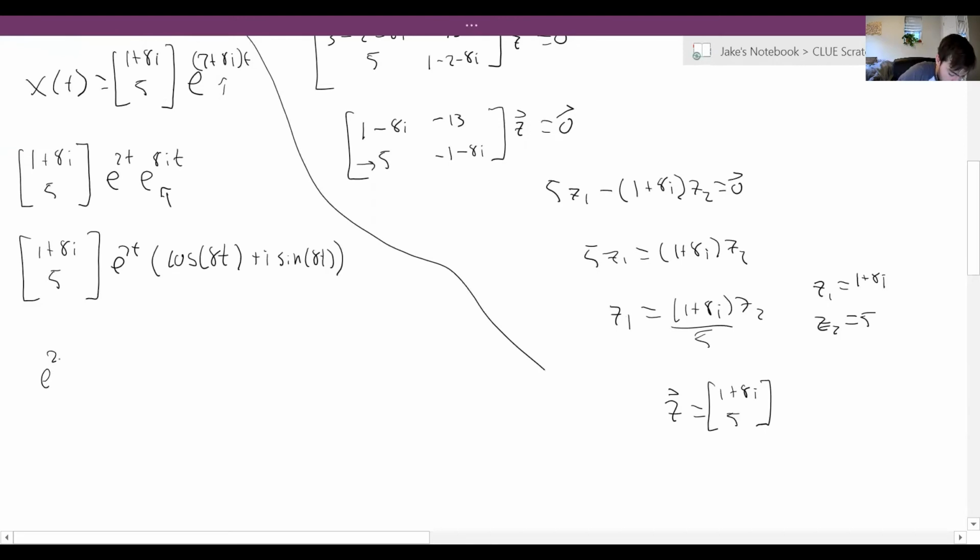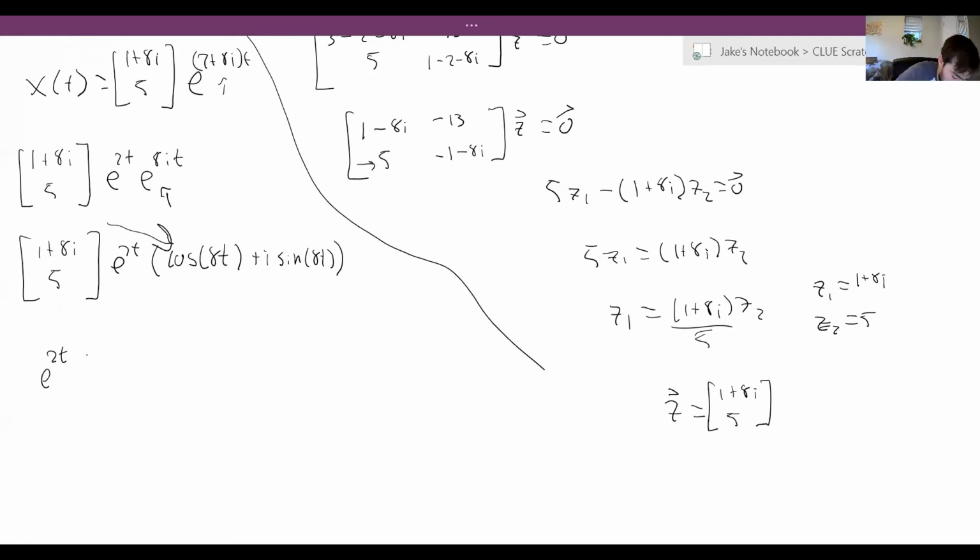We've got e to the 2t, and I'm actually going to multiply. Remember, all these things are being multiplied together because they're not matrices, so we can commute them. I'm going to multiply this vector onto this guy. Because we basically just have a scalar function and a vector, we just multiply it in.